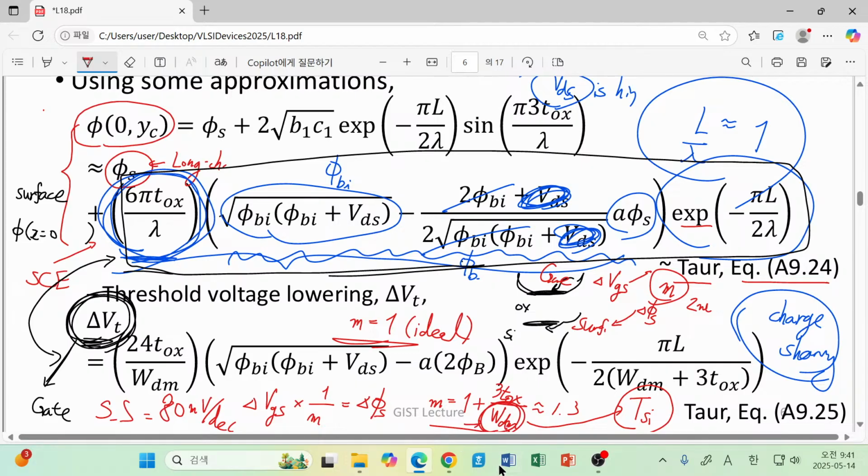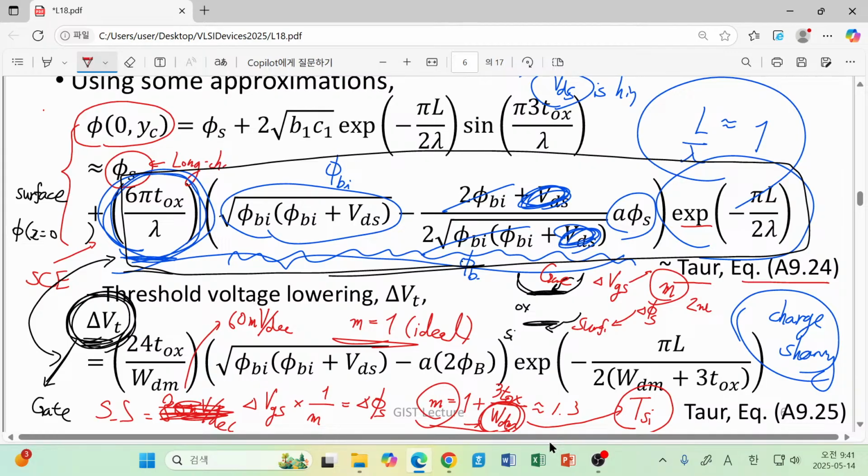Nowadays this TS value is quite short, like 5 nanometer, 6 nanometer, compared with our previous value. So nowadays the m value becomes quite close to number 1. Instead of 80, 60 millivolt per decade can be easily observed in the reported literature. You can see quite a good SS value.